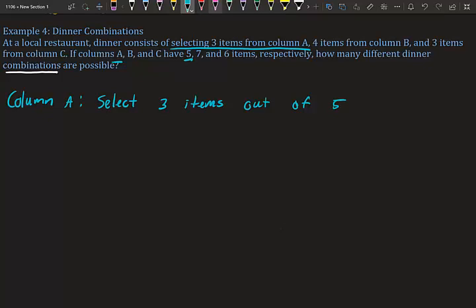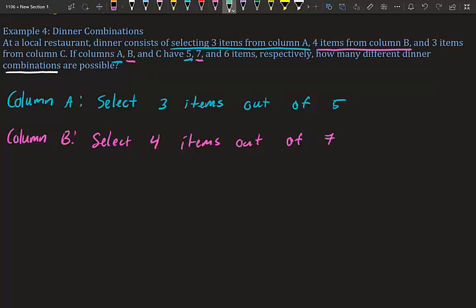For column B, you're going to select 4 out of 7.